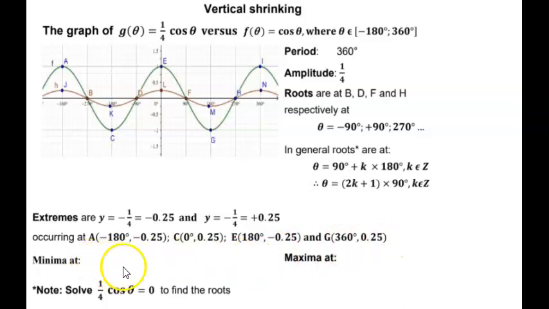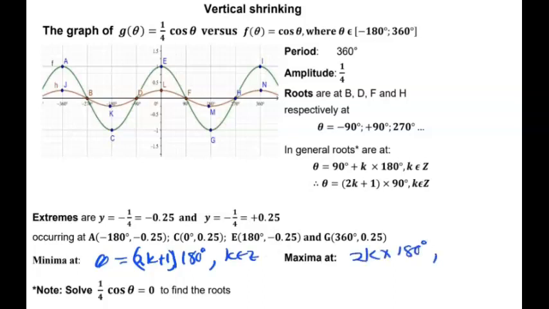In this case I've left out the formula of the minima, which we saw is theta equal to 2k plus 1 times 180 degrees, where k is an element of Z, and 2k times 180 degrees, where k is an element of Z. You can verify whether you agree with this, and I just made a note here.